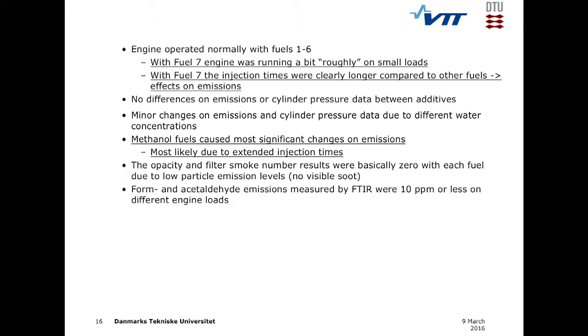And the injection times were clearly longer, of course, with methanol, because you need to put in more fuel in order to get the same power out of the engine. But we didn't see any difference in emissions and cylinder pressure data between the additives, and we didn't see any bigger differences due to the water content of the fuel.